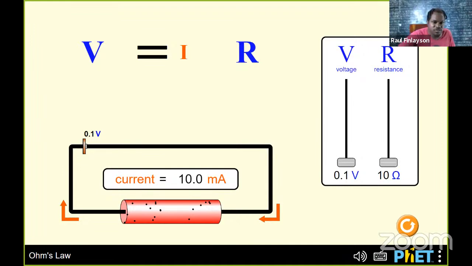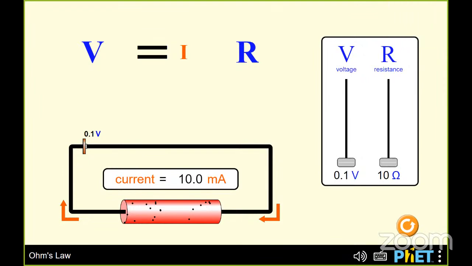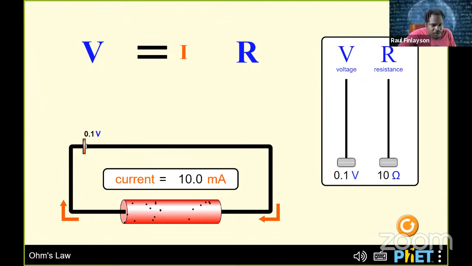Very, very important. Extremely important. So that's what I wanted to leave here tonight, understanding Ohm's law. Basically, what you just said a while ago, it's Ohm's law. An increase in voltage will cause an increase in current.